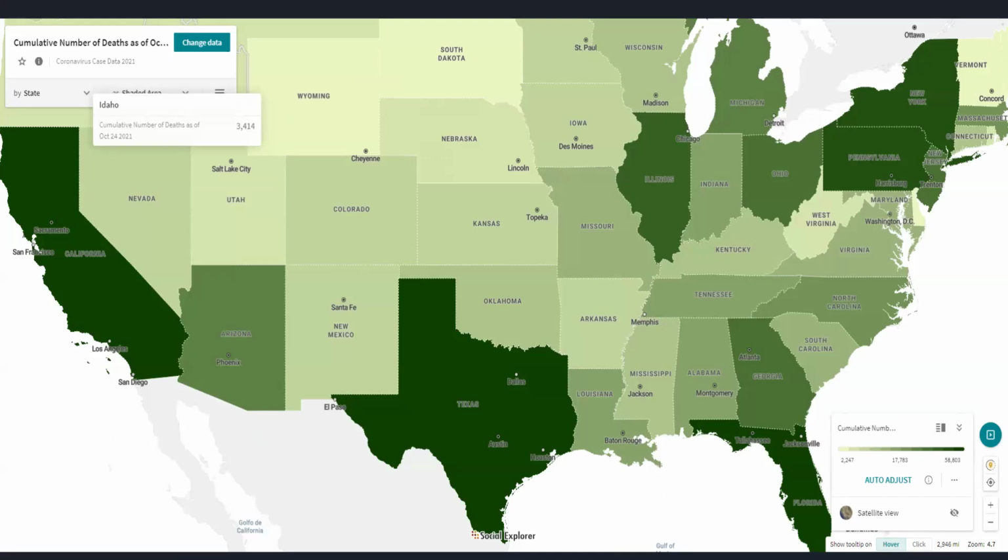The reason I used shaded areas was to get a more in-depth visualization of this map. Instead of having dots or bubbles, I wanted it to look clean, you know?